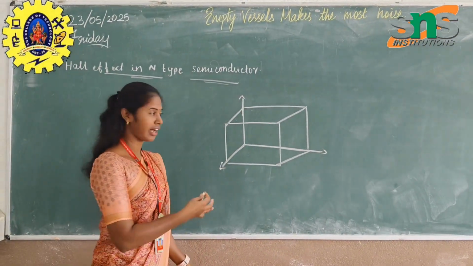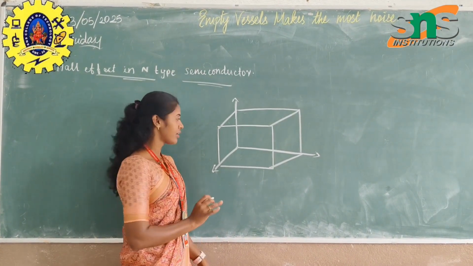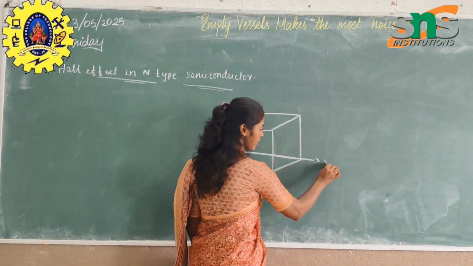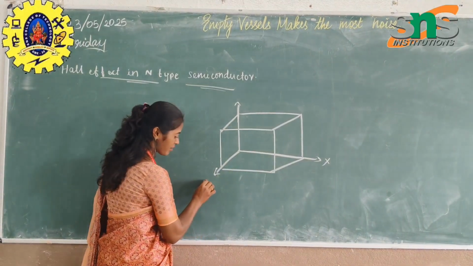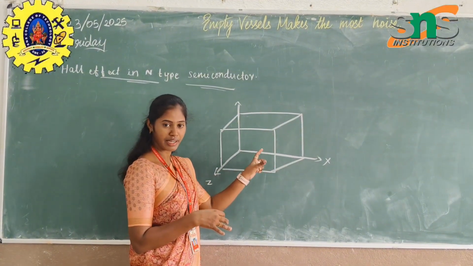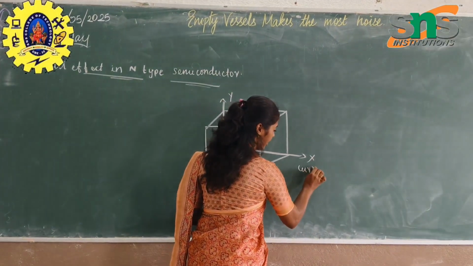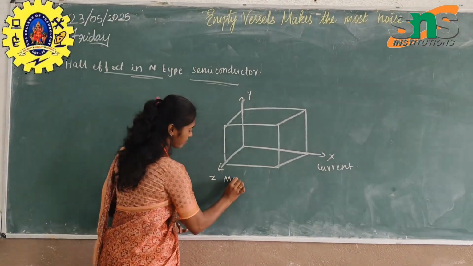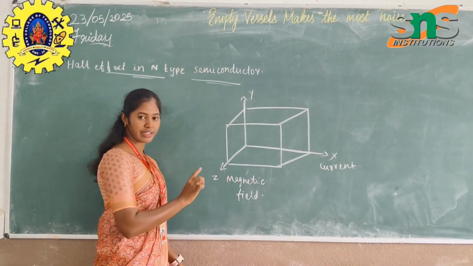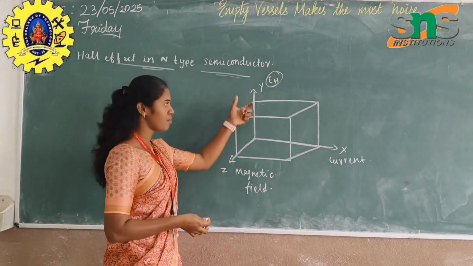Let us consider a current carrying conductor, which may be an N-type or a P-type semiconductor. The current is applied in the positive x direction and the magnetic field is applied in the z direction, while the electric field is produced inside the semiconductor in the y direction.